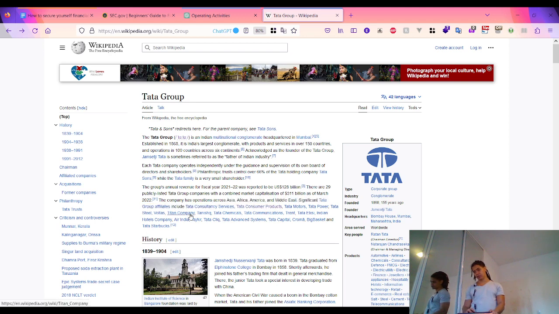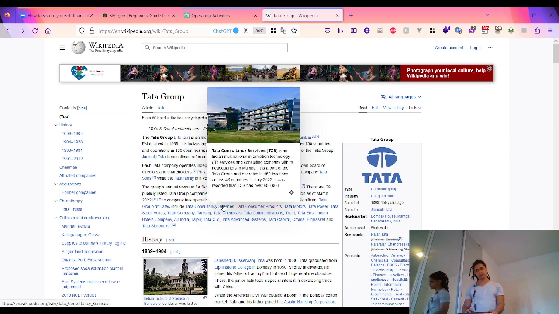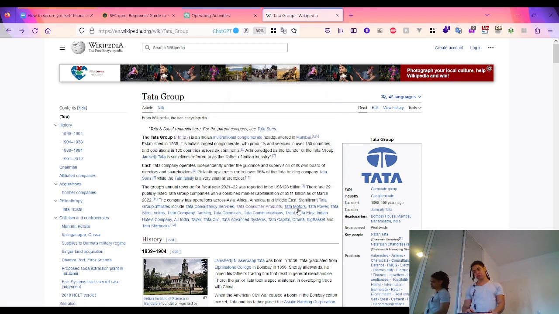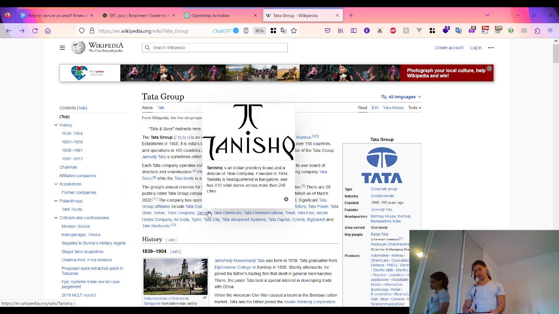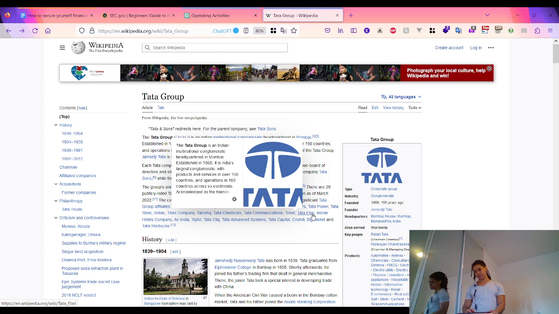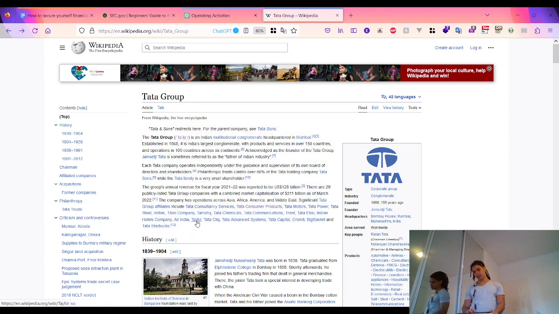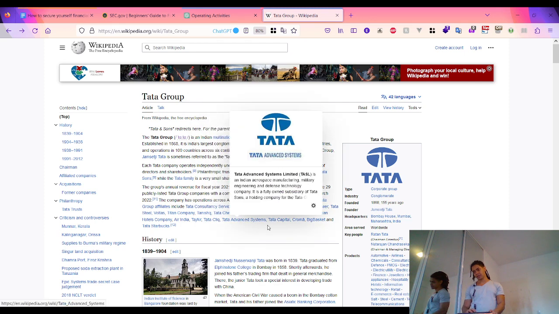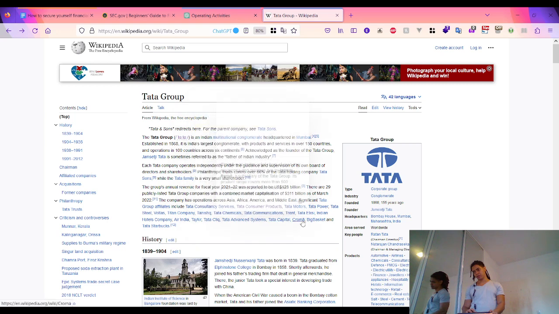Significant Tata Group affiliates include Tata Consultancy Services, which is one of their affiliates I know, Tata Consumer Products, Tata Motors, Tata Power, Tata Steel, Voltas, Titan Company, Tata Chemicals, Tata Communications, Trent, Indian Hotels Company, Air India, Tata Click, Tata Advanced Systems, Tata Capital, Croma, Big Basket, and Tata Starbucks.